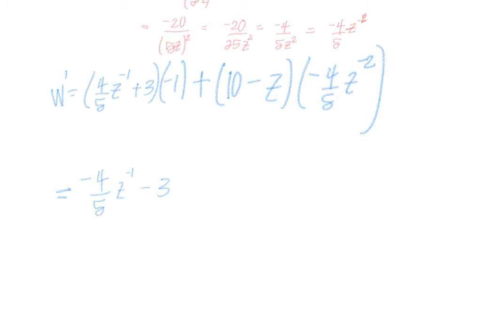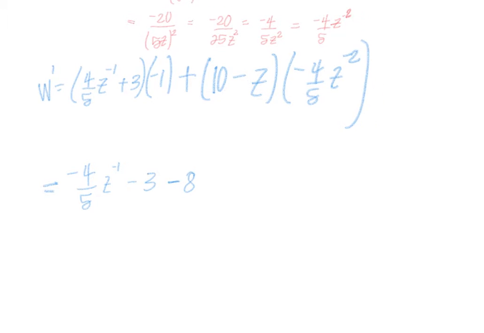To get, let's see, 4 over 5 times 10, that would be 40 over 5. So 40 over 5 is 8. z to the negative 2, plus 4 over 5 z to the negative 1.